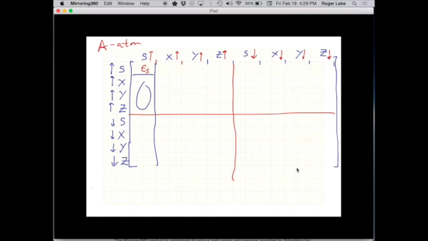And s up doesn't have any matrix element with s down because its angular momentum is 0. So we're done with S, and all of this is zeros.